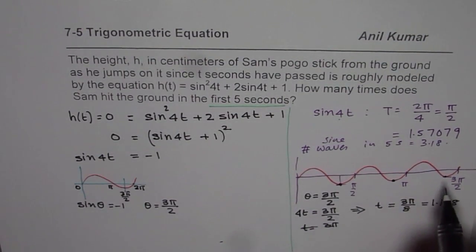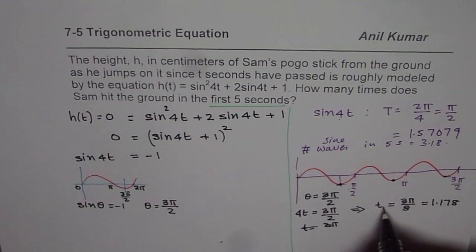The other 2 times we can get by adding pi by 2. This is the first time.